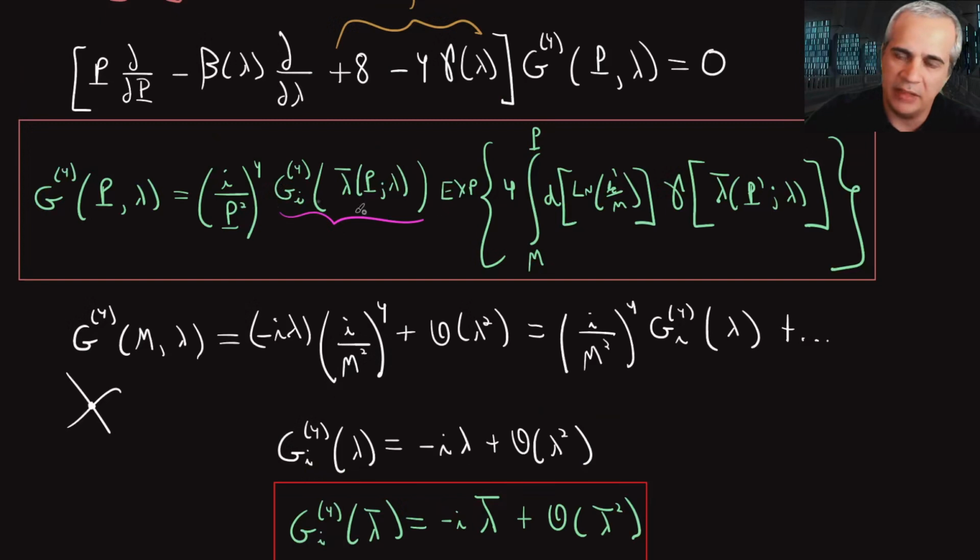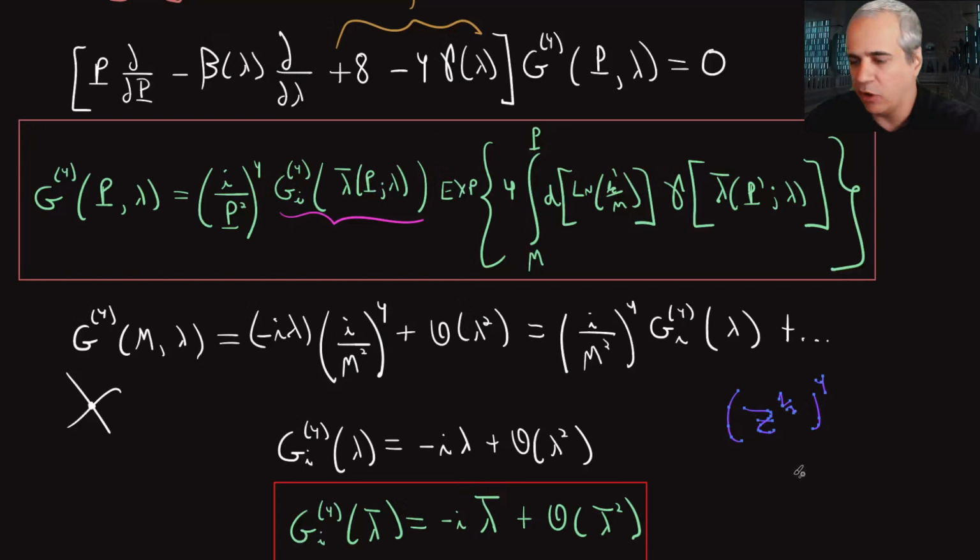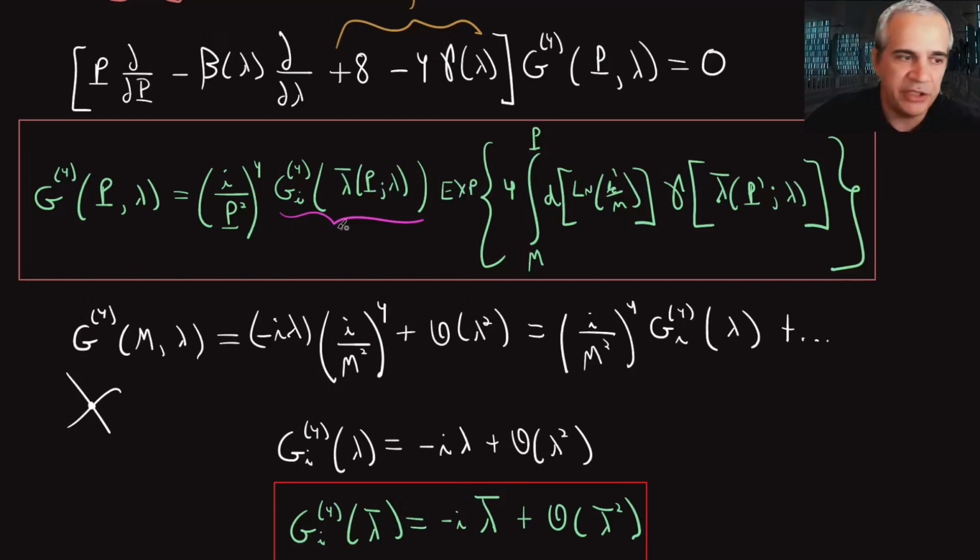And it's multiplying this initial Green function, which is valid at p arbitrarily close to m, giving me the field renormalization part of the running. Remember, the gamma function is the part that controls the field renormalization. I'm multiplying by the number of external legs here, so this is equivalent to Z to the power half to the fourth. This is this part here. And the other part is really how the coupling changes, right?